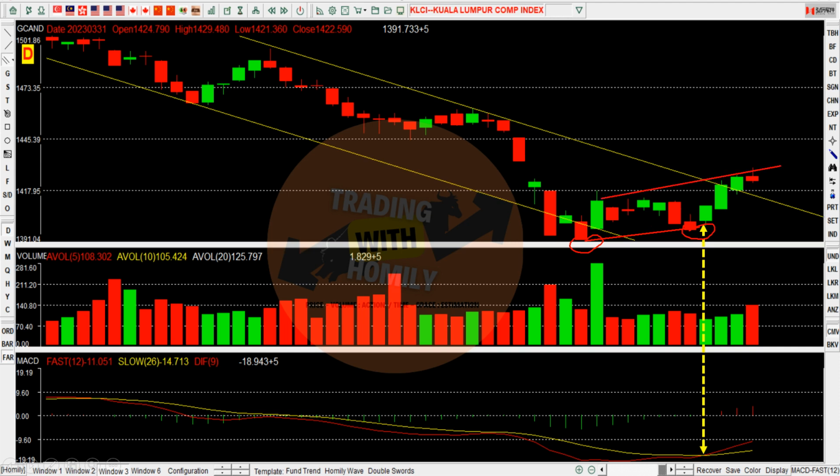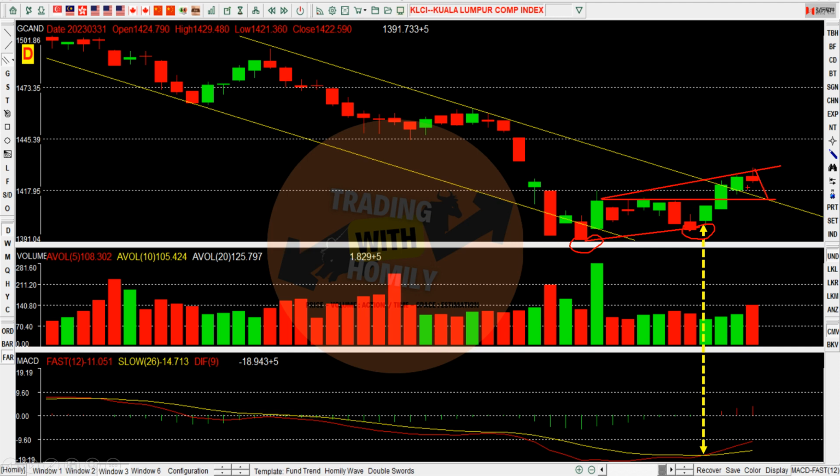That means the medium to short term downtrend has finished, and the short term uptrend has started.